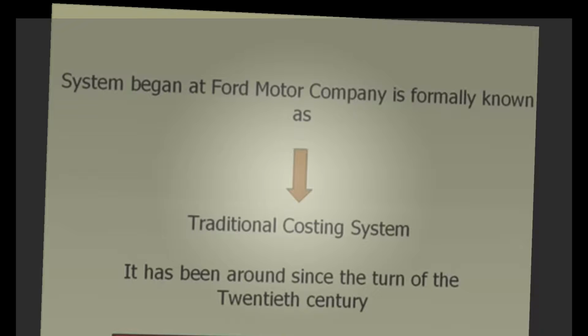The system which began at Ford Motor Company is formally known as the traditional costing system. It's called the traditional costing system because it's been around forever, since the turn of the 20th century.